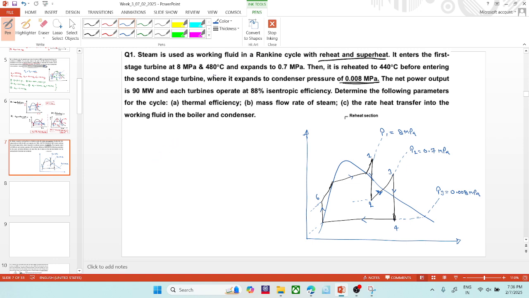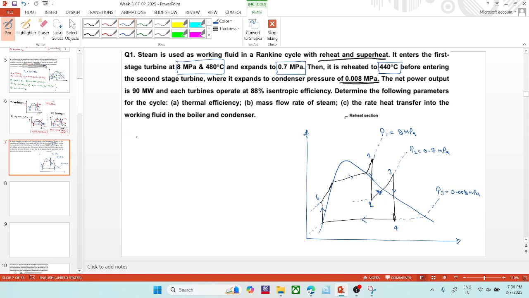So at point 1 this is provided, and at point 2 it is provided, and at point 3 the temperature is 440 degrees centigrade and the pressure is 0.7 megapascals.